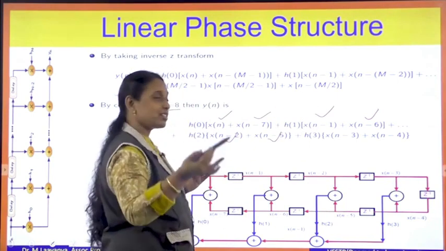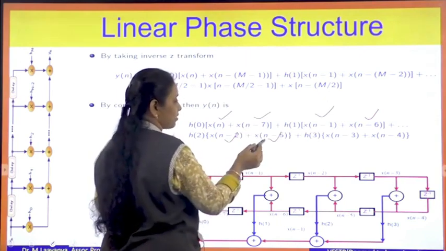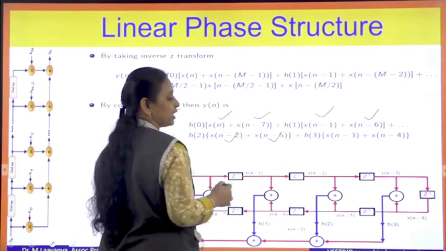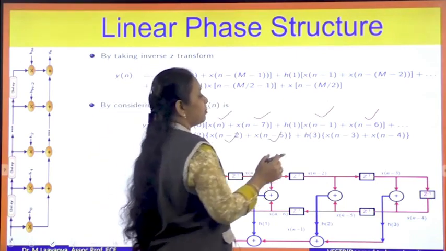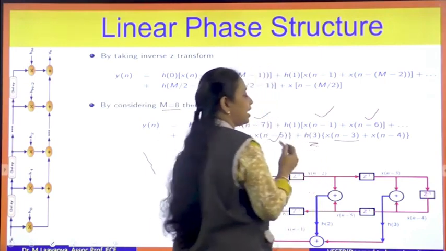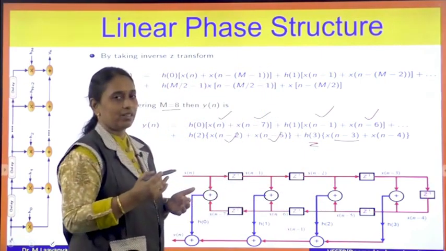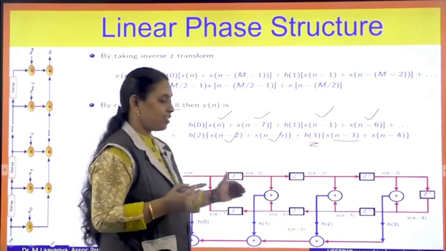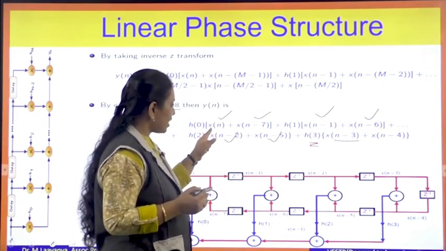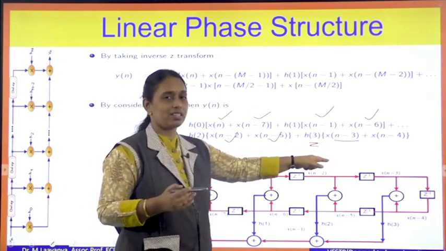X of n minus 6. This is n minus 7. So if you are getting an even structure, delay the element up to n minus 3. That is the third term, the last term. Do you understand? So if you have an even number of terms, delay it. How many terms are there from x of n to x of n minus 3?